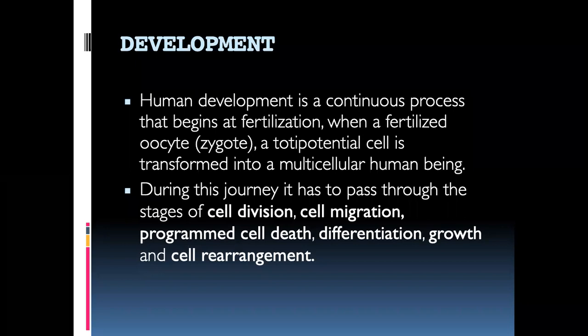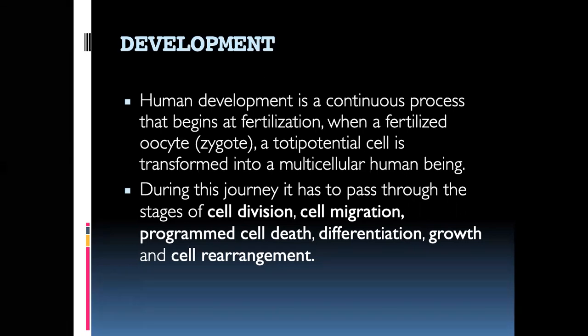They are not developed inside the tongue. Only the outer cover of the tongue is present there, but the muscles of the tongue are developed from the lower region of the brain. That's how we come to know about cell division, cell migration, differentiation and rearrangement. I hope you all understood a little bit about this.